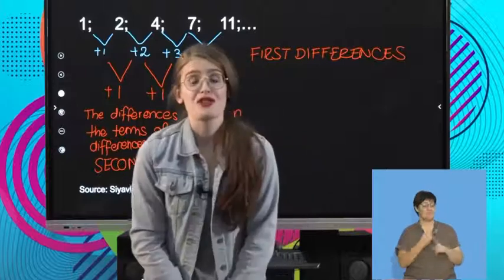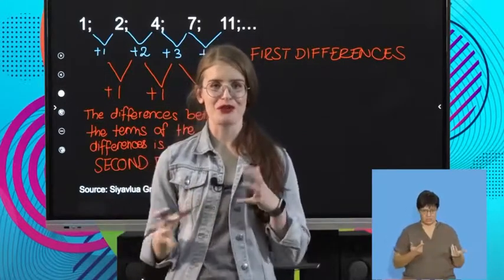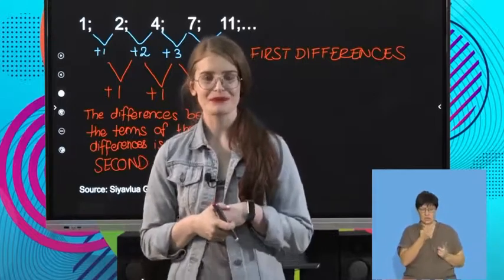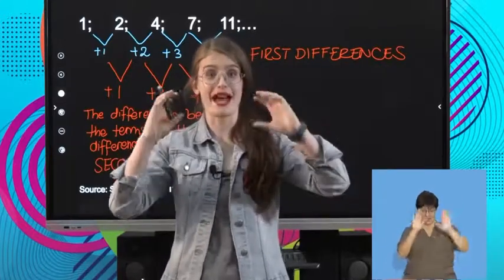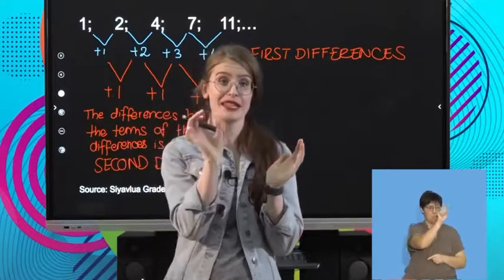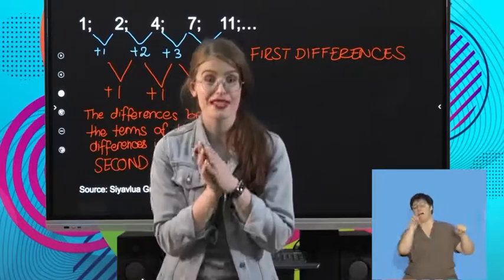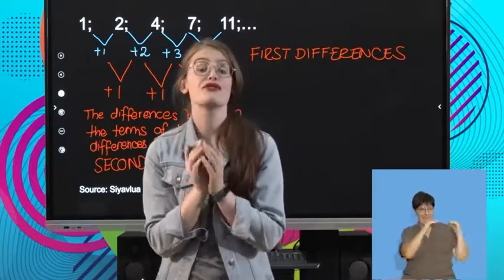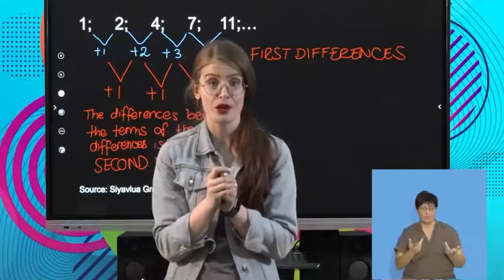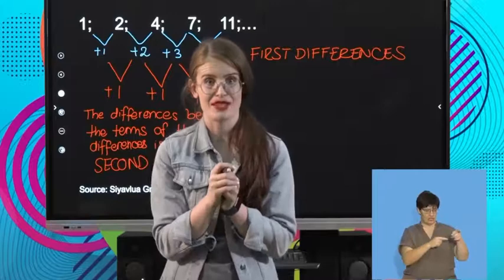So I'm just going to repeat myself just to make sure we're all on the same page, because there is a lot of use of the word difference. If I give you a pattern and you calculate the difference between each of those terms, that is called the first difference. If the first differences are equal, then it is called a linear sequence.